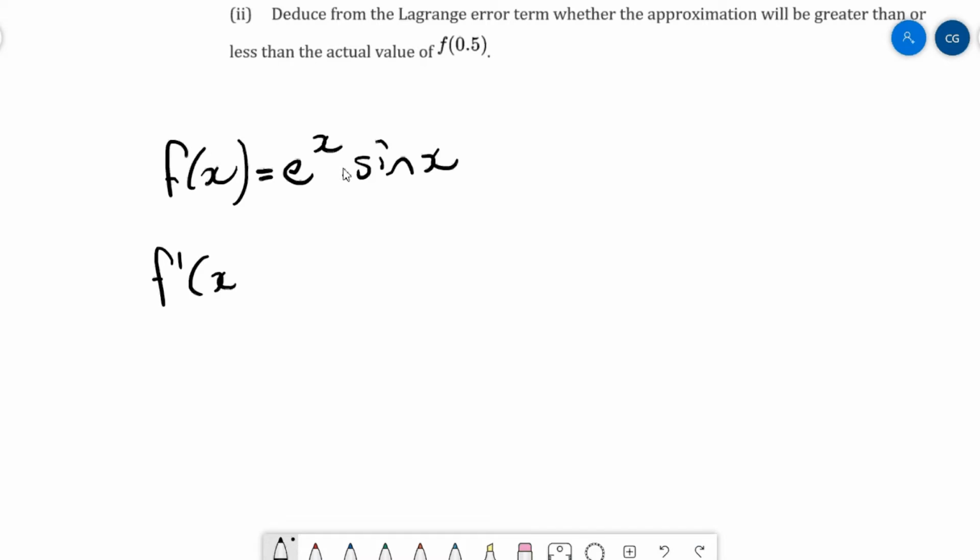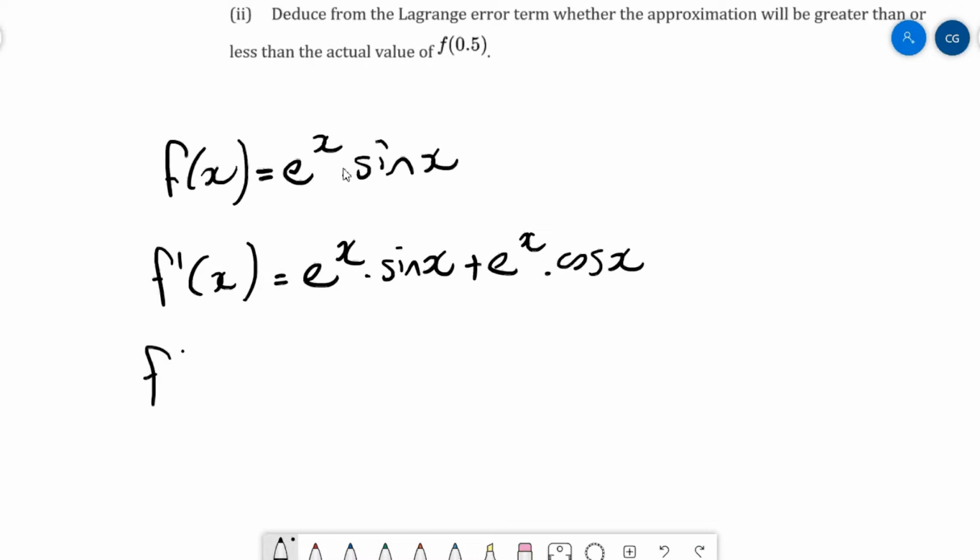Then my first derivative, I will use the product rule: e to the x times sine of x plus e to the x times cosine of x. Then my second derivative, again I have to use the product rule, and this will simplify to 2 times e to the x times cosine of x.